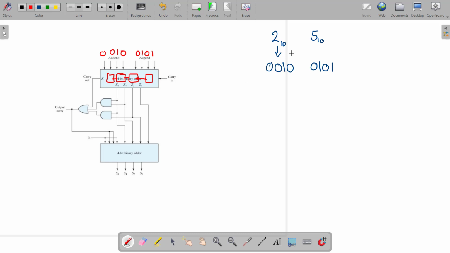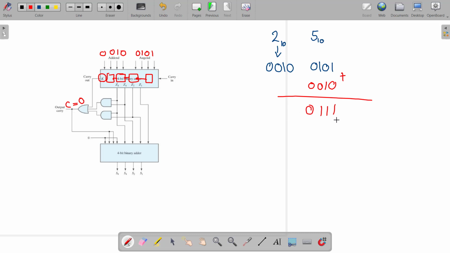Now, because we know that the addition of these two, if I write it in this form, 0, 1, 1, 1, will be less than 9, this K, and actually this C, will be equal to 0.